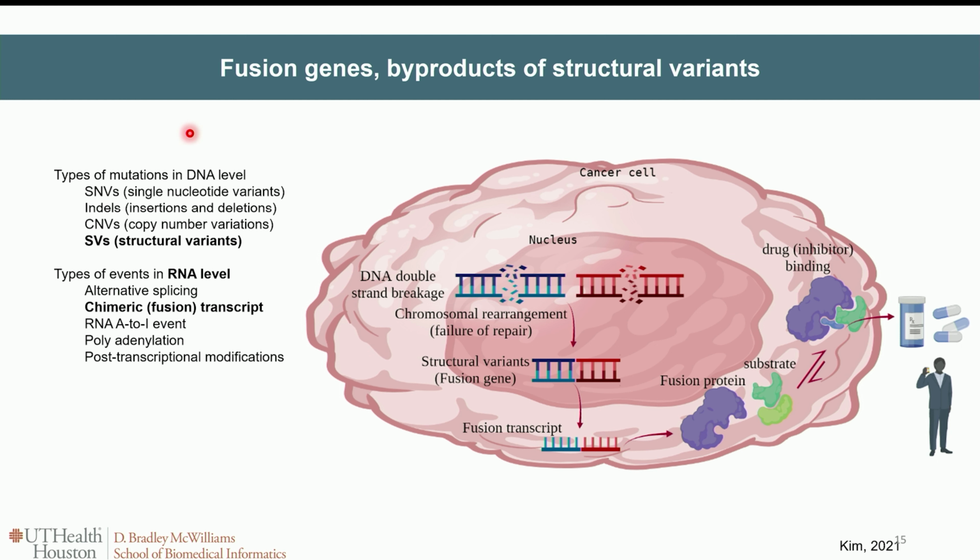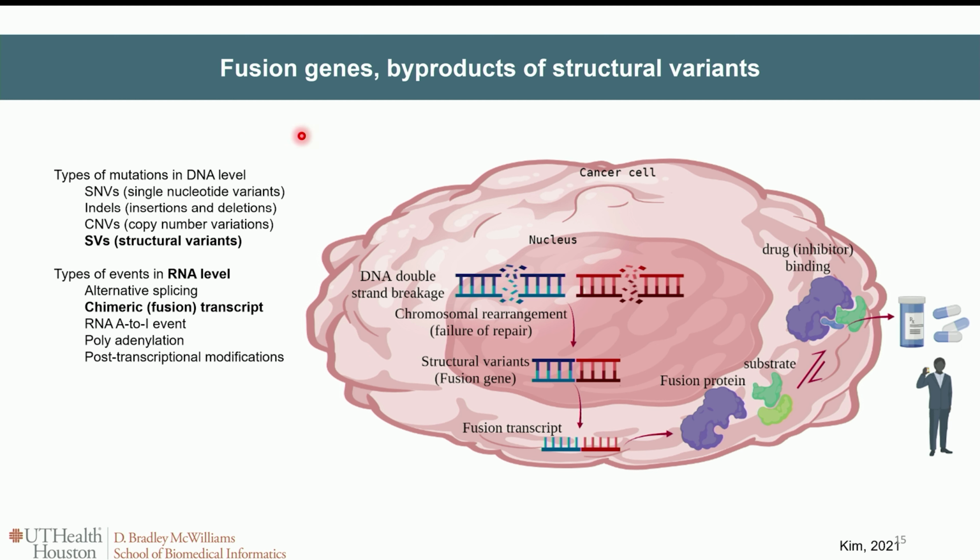At the DNA mutation level, there are many different types of variants according to their size. The shortest one is SNV, and the next are indels or copy number variation, and the largest may be structural variants. CNV can also be one of the structural variants.